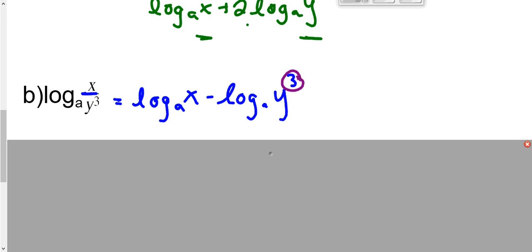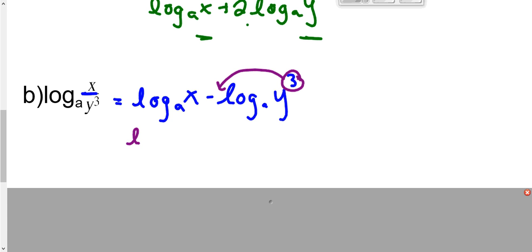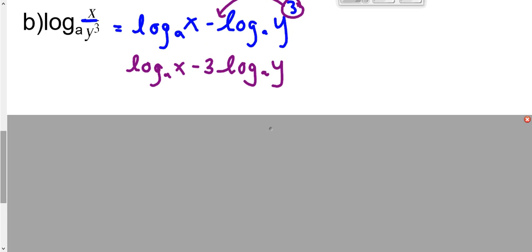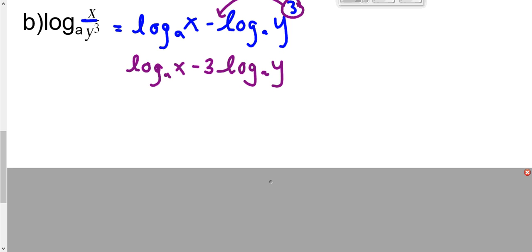Then we can take that exponent and move it to the front. So again, log base a of x minus 3 log base a of y. That would be simplified as much as we need to do because there are no other rules that we can apply. Everything is separated.